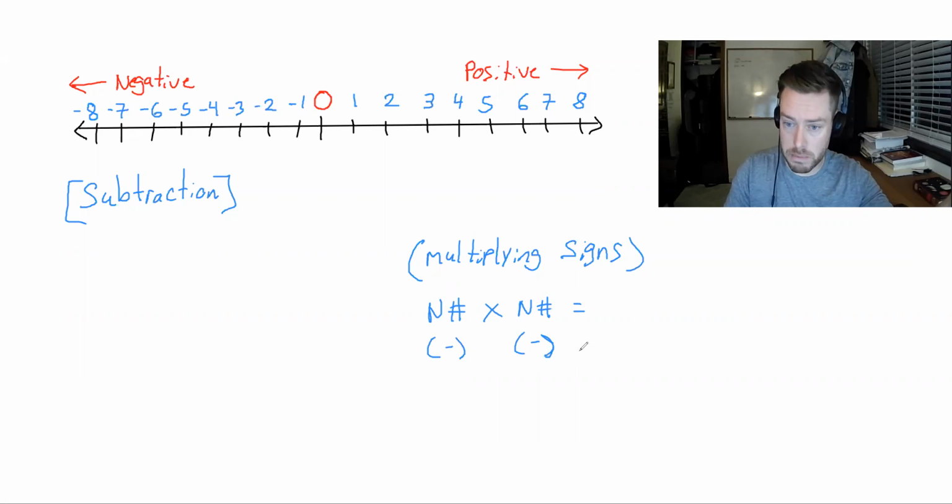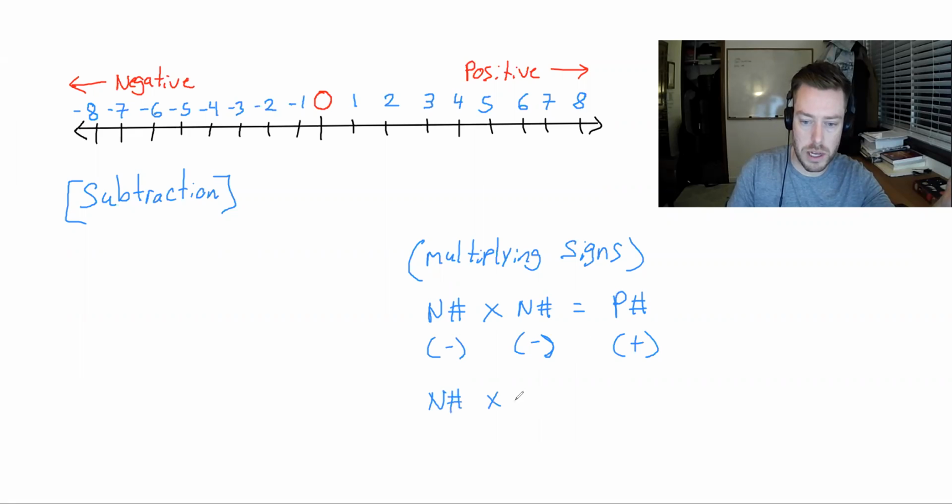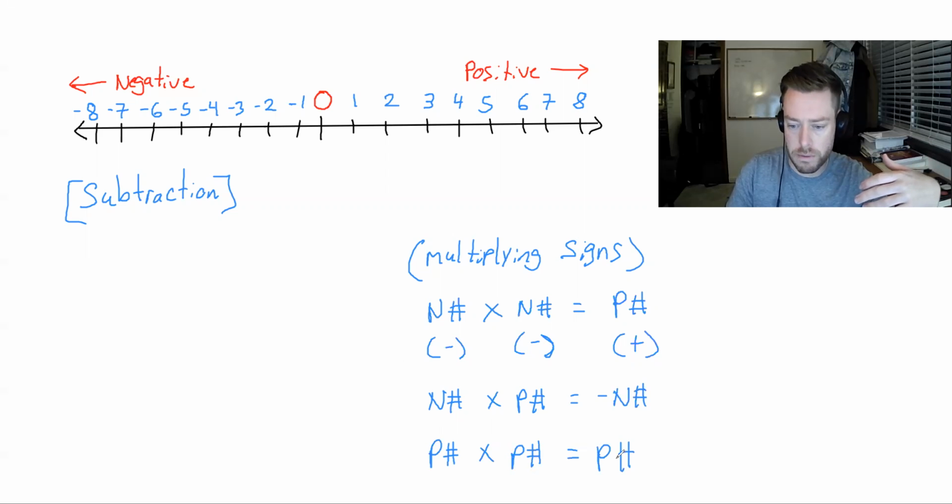Two negatives multiplied by each other will give us a positive number. If you have a negative number multiplied by a positive number, you will be getting a negative number. And then if you do a positive number times a positive number, you'll be getting a positive number.